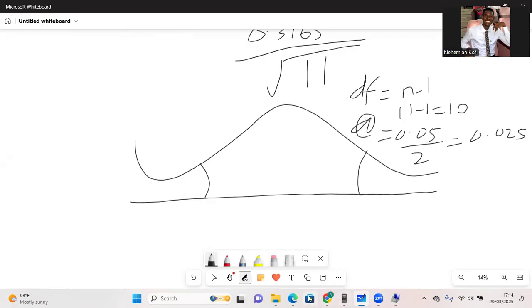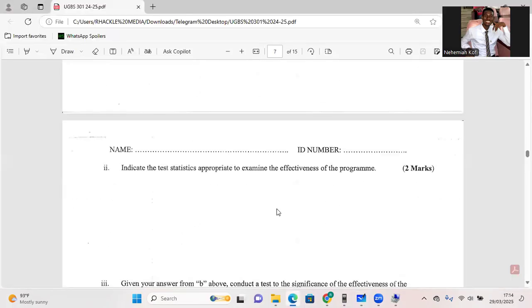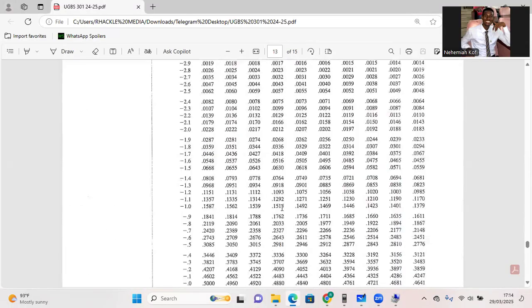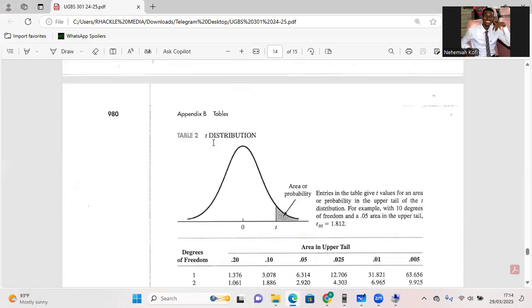So we go to the T table right now. That one, I don't know how to use the calculator to do it, so we have to come and look for it. So on the T table, there's the T distribution.